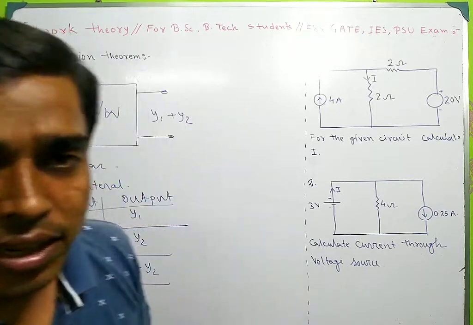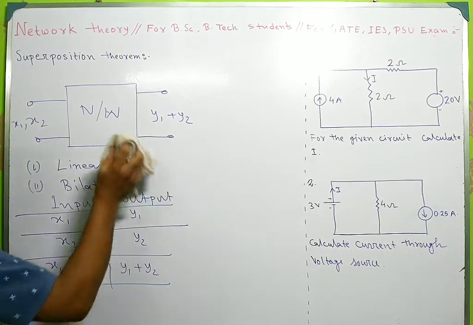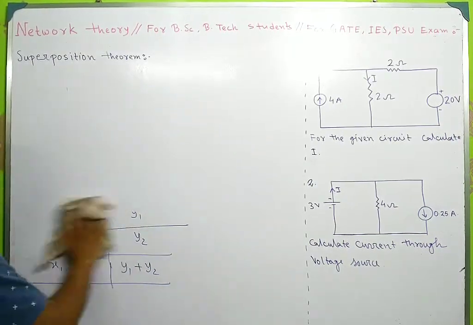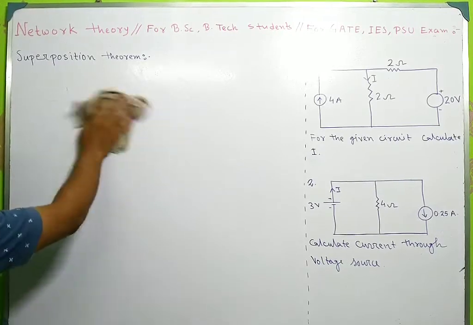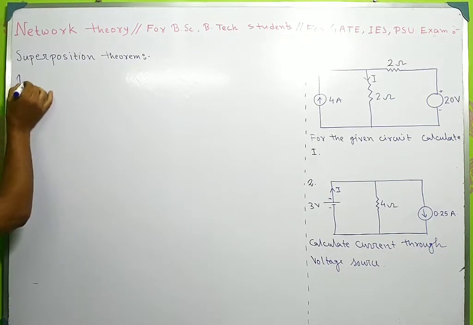Okay, this is the statement of this superposition theorem. So using this theorem we can easily solve this problem. So what is the procedure to solve this problem, we will discuss here.